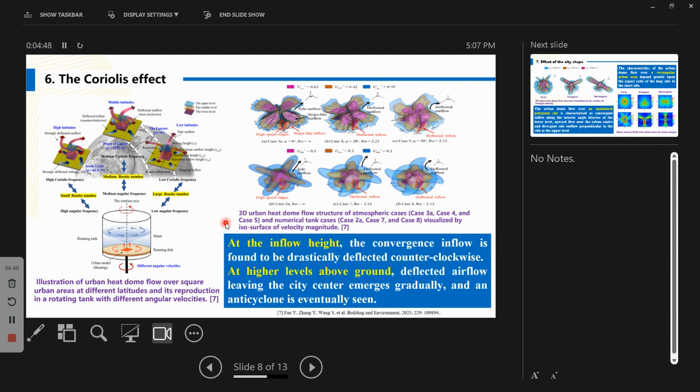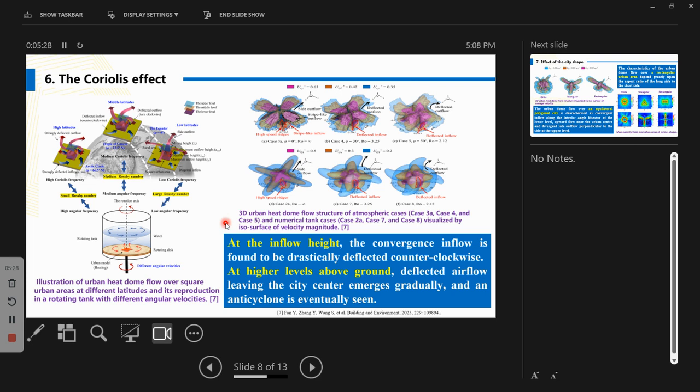Also, as I mentioned before, the Coriolis term was added in the momentum equation, so the Coriolis effect is also considered in our study. Additionally, in order to save some computation time, we also designed a numerical rotating water tank model. By using this model, it can successfully reproduce the diffusion effect in real conditions.